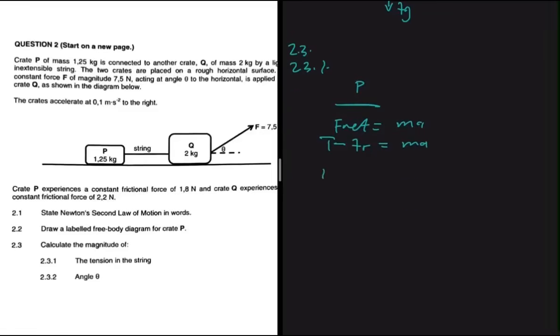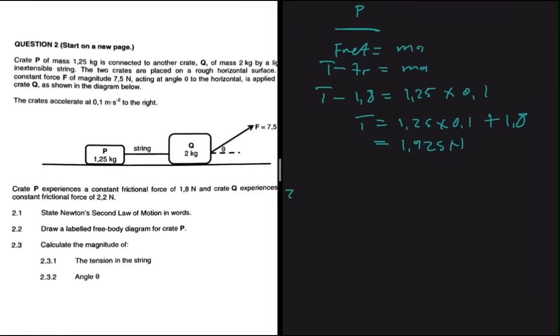So tension minus the frictional force acting on crate P, which is 1.8, equals the mass 1.25 multiplied by the acceleration 0.1. So the tension is 1.25 multiplied by 0.1 plus 1.8, which equals 1.925 newtons. And just like that, we have the magnitude of the tension.